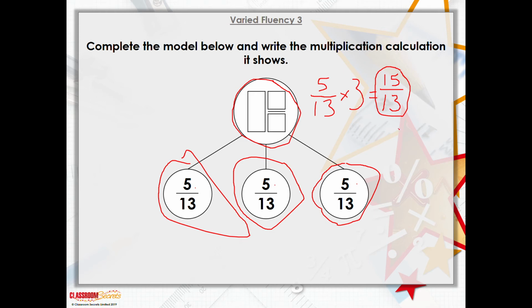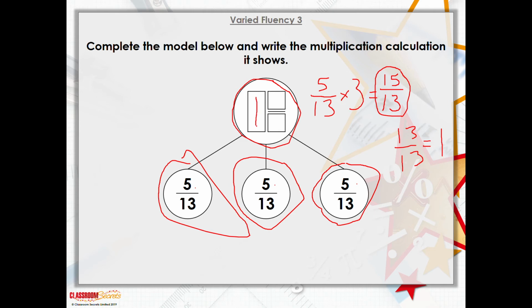I know that 13/13, because that's what it is at the moment, 15/13. I know that 13/13 is equivalent to 1 whole number, so I can write that in my answer just here.